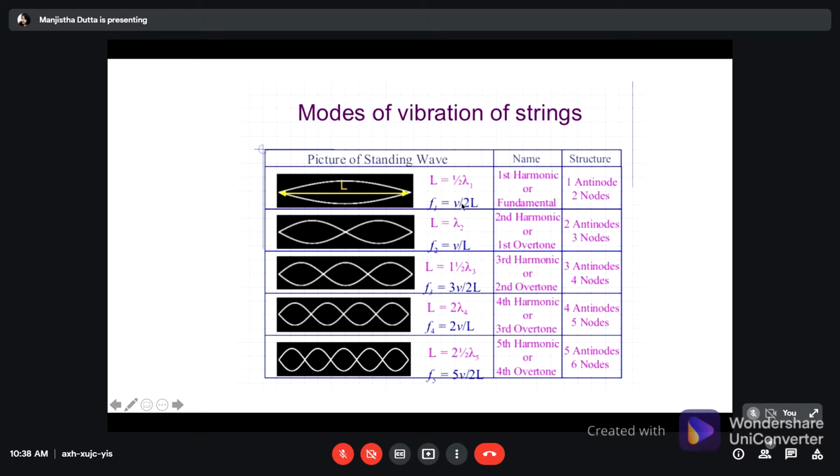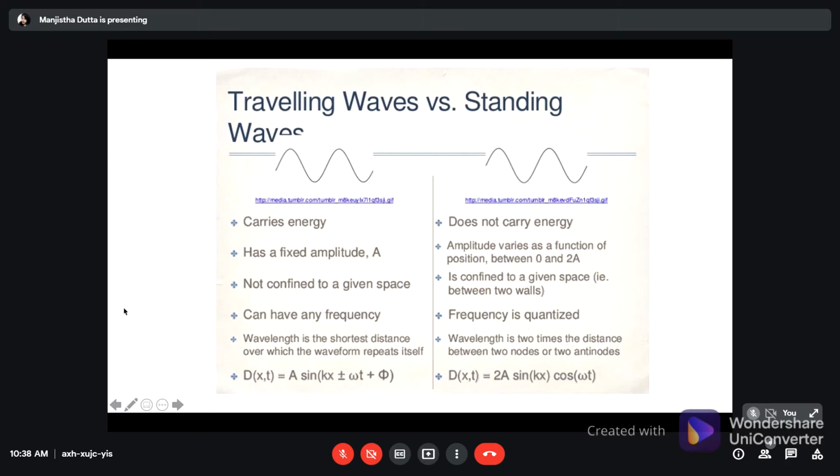If we want to take a frequency of v by 3L, this cannot happen. It can only have this kind of frequency. Quantized means discrete, not continuous. Continuous means it can have any value, and discrete means only some discrete values. So no intermediate value of frequency.